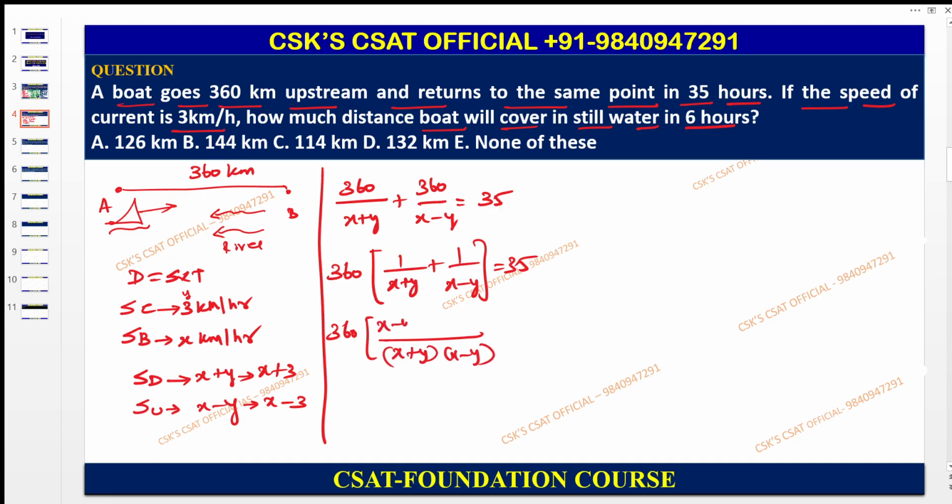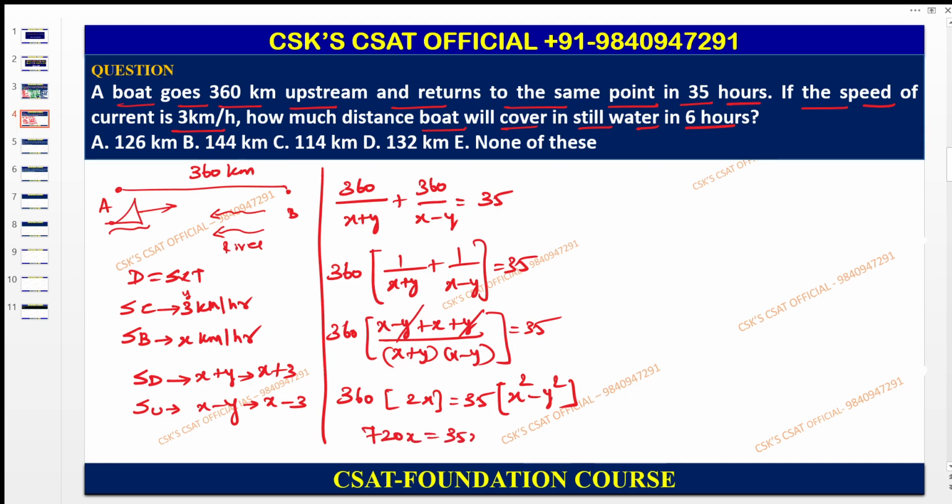Now cross multiply: x minus y plus x plus y is equal to 35. Y and y get cancelled. 360 here, x plus x becomes 2x, 35. In the denominator it is in the form of a plus b into a minus b, so that becomes a square minus b square. Now you can rearrange: 720x is equal to 35 x square.